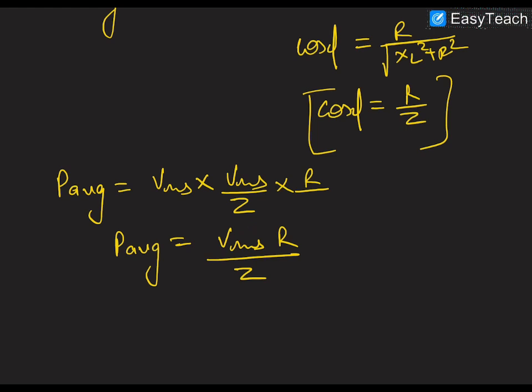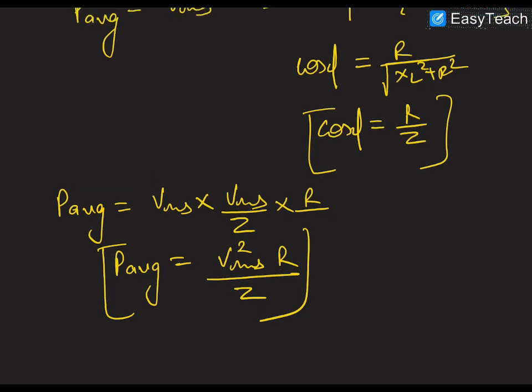This is the average power loss in this series LR circuit. Obviously this loss occurs because of the presence of resistance in this circuit, so the power loss will not be zero.